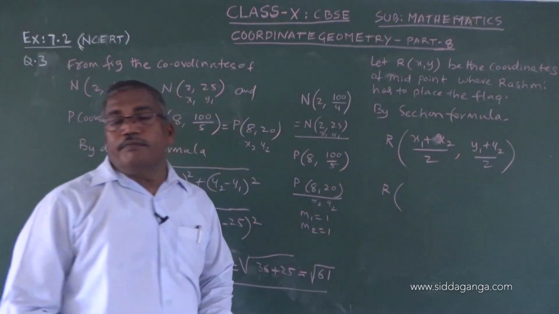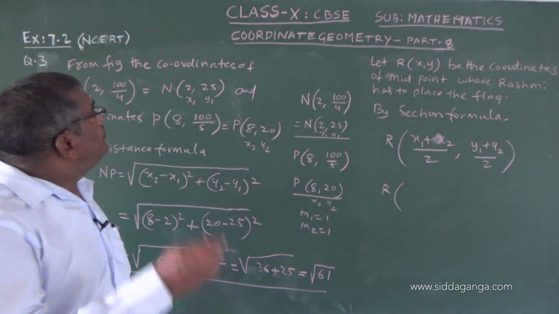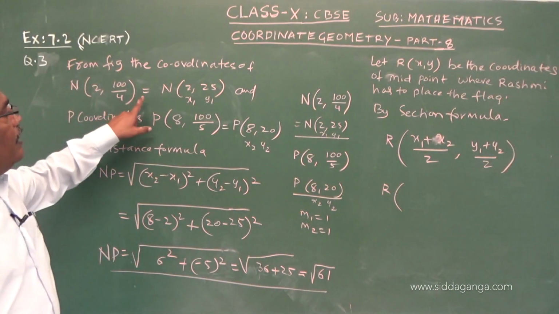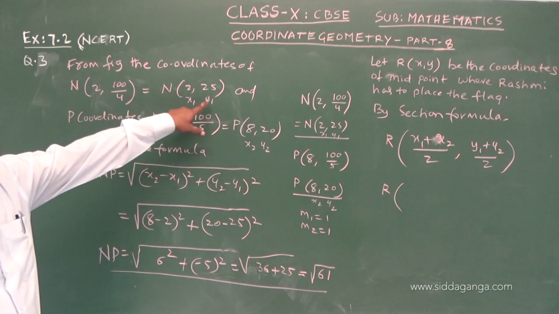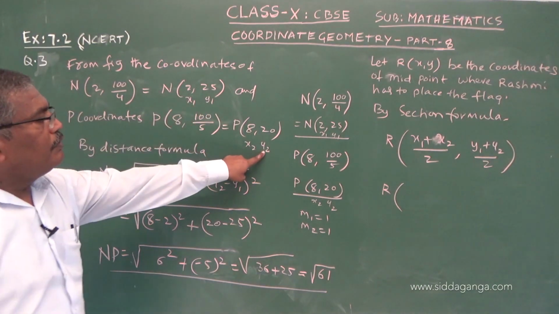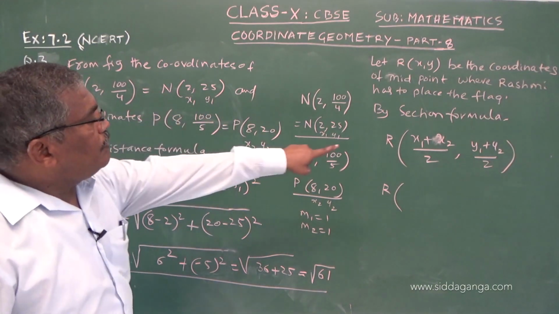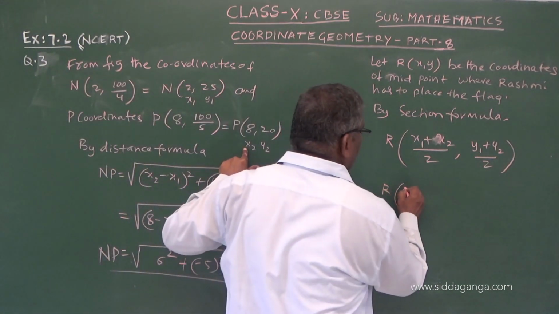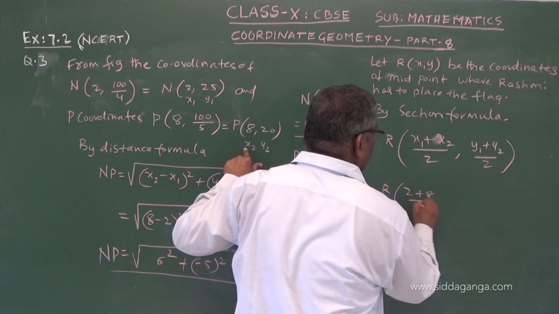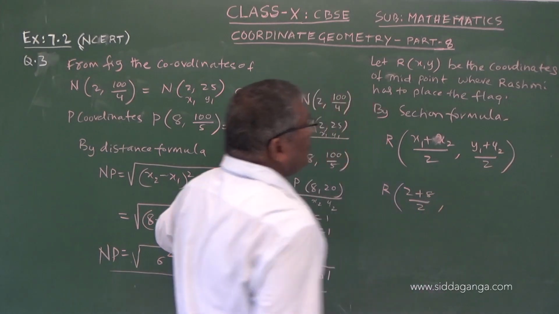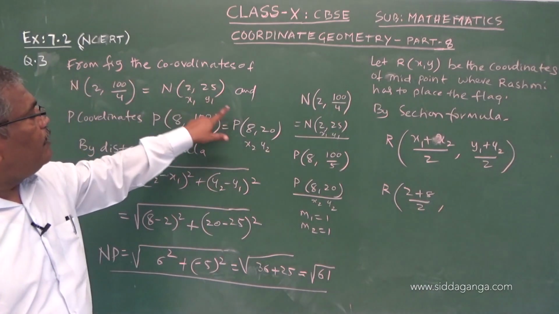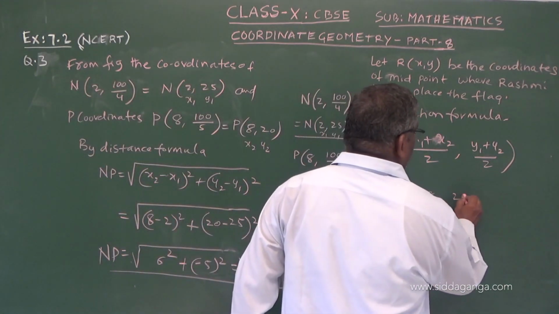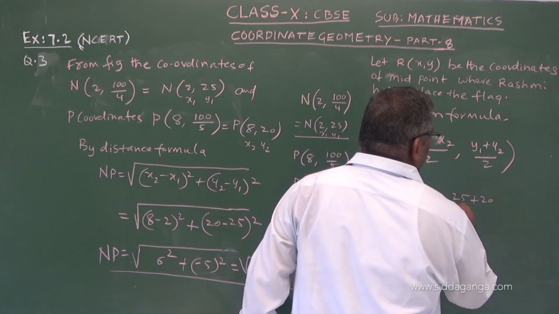So R will be x1 plus x2, here N value is x1, y1, and x2, y2. So (2 plus 8) divided by 2, and (25 plus 20) divided by 2.